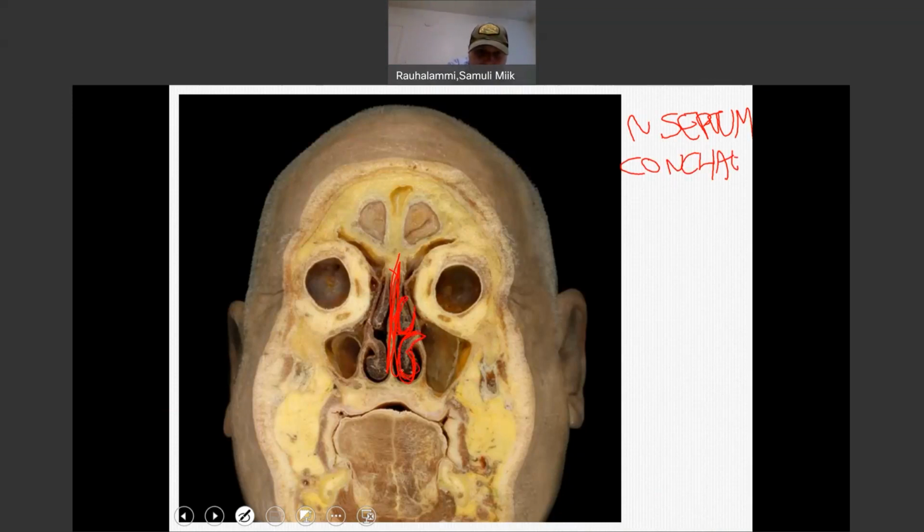How these nasal conchae are probably bigger than we instinctively end up thinking for their size. On this one, I think we only see the middle and inferior one, but still worth noticing. We can also see the hard palate, so the bony structure there, separating the oral and nasal cavity from each other.